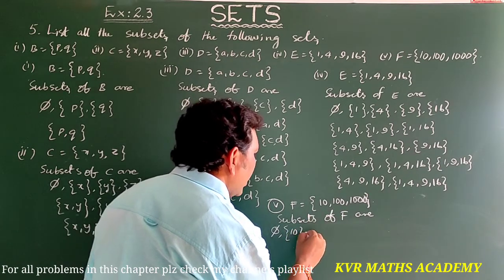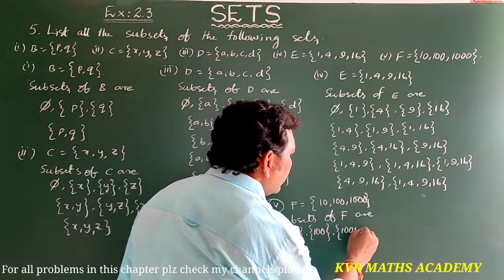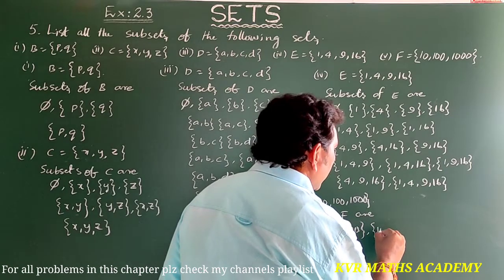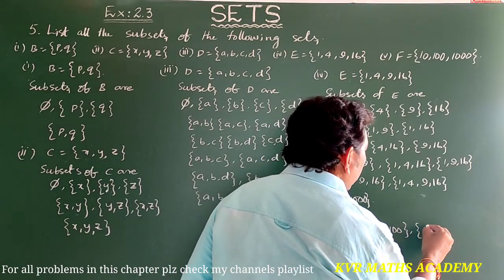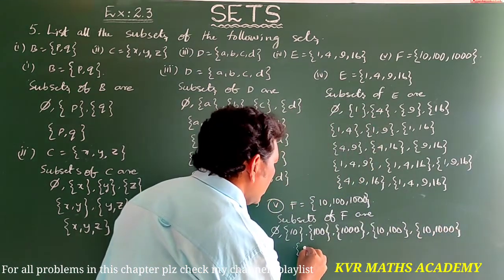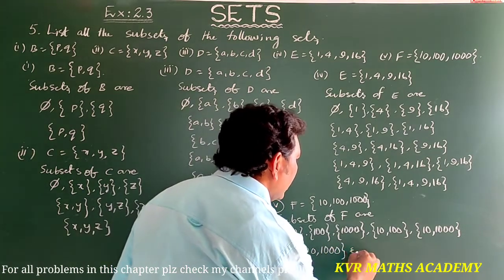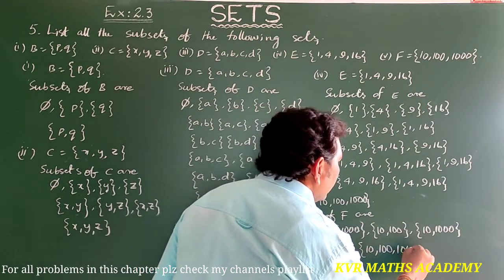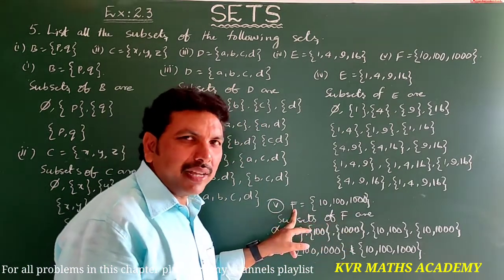Single elements: set of 10, set of 100, set of 1000. Next, double elements: set of 10 comma 100, set of 10 comma 1000, set of 100 comma 1000. And finally, set of 10 comma 100 comma 1000. So these are the subsets of set F.